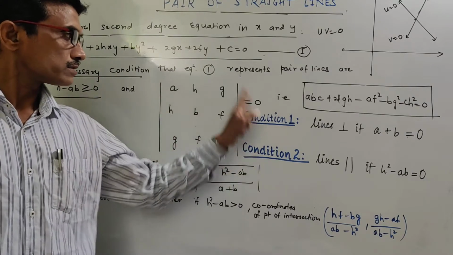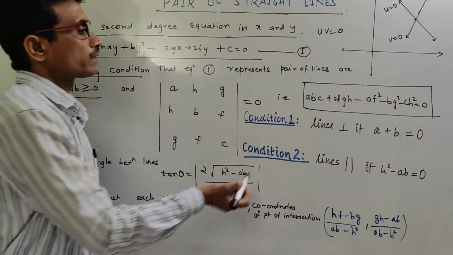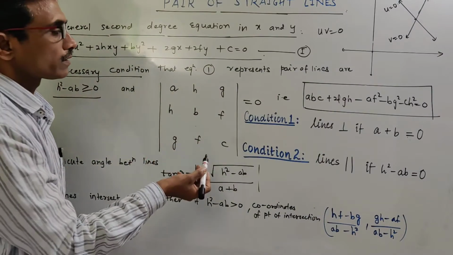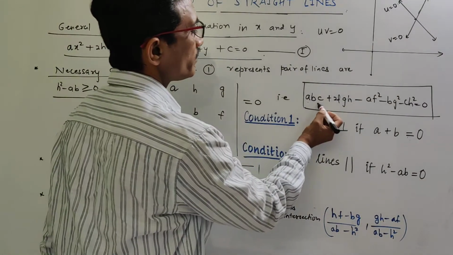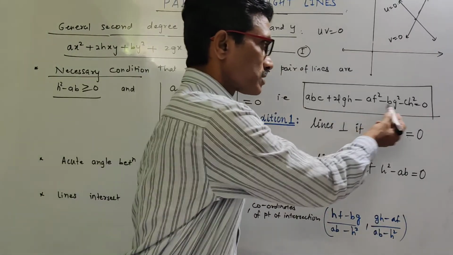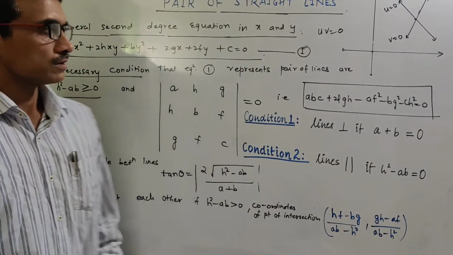If this determinant is equal to 0, अभी इसको हम expand करेंगे तो you will get abc plus 2fgh minus af square minus bg square minus ch square equals to 0.